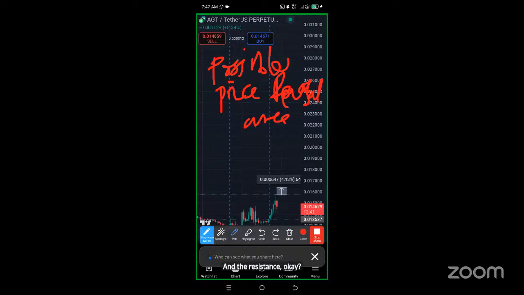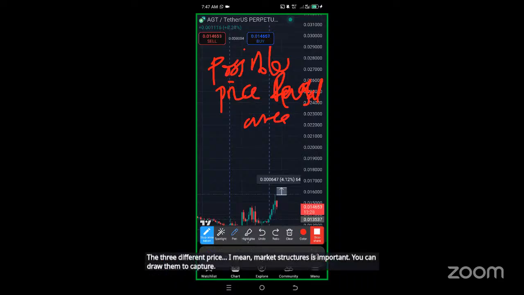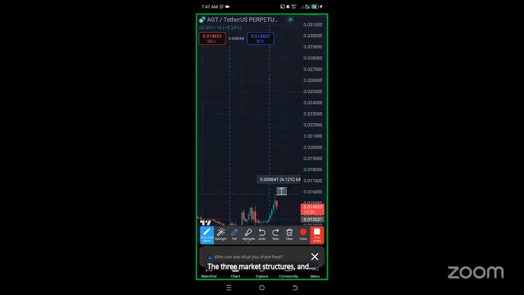Okay? Now, these trend lines can be drawn to capture the three different market structures. It's important. You can draw them to capture the three market structures. And just a quick one, we all know that we have three market structures or types of movement.